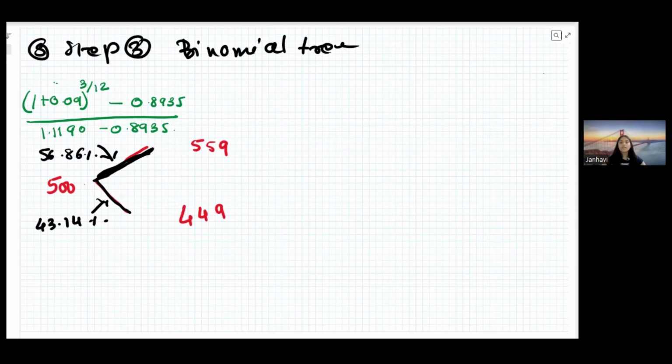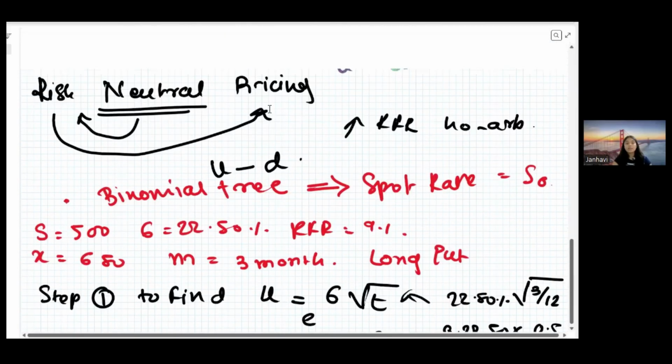Now comes the other part, that is the payoff. Now how to calculate the payoff? As we are solving for a long put position, what we had learned for a put position is that the payoff will always be strike price minus the spot price. Now what was the strike price here?